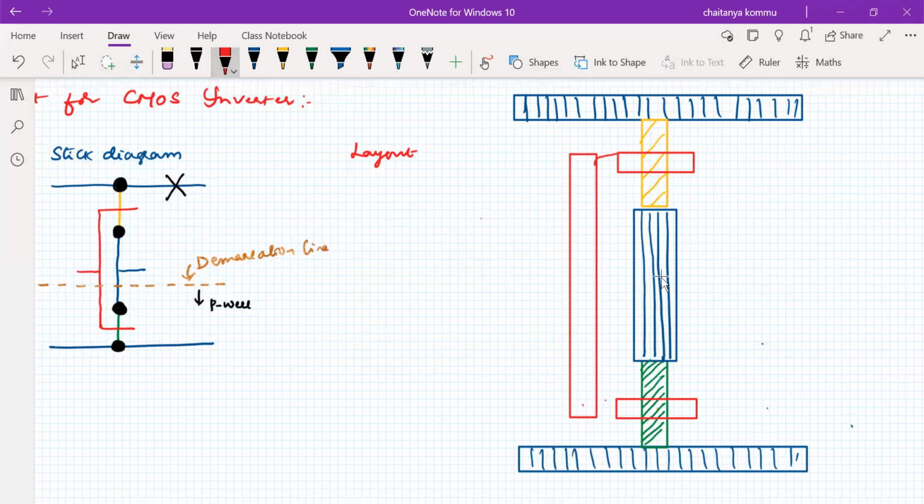So I have to extend this one also to this side. So this one also we should extend.